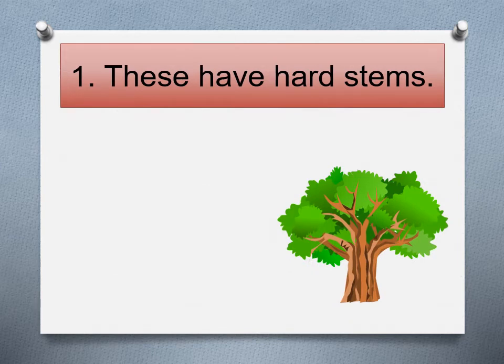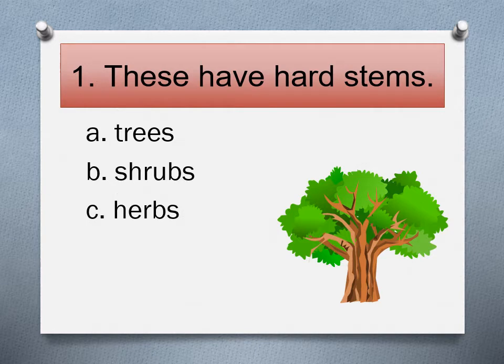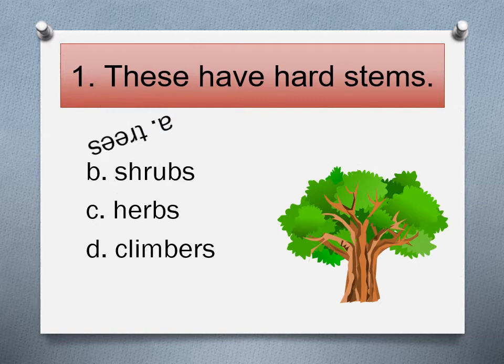First question. These have hard stems. Option A, trees. B, shrubs. C, herbs. D, climbers. So can you tell me, children, the correct answer? Yes, it is trees. So trees is our correct answer.